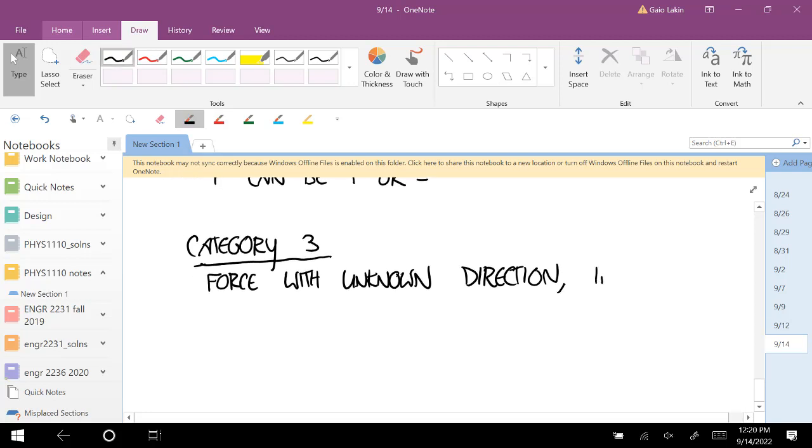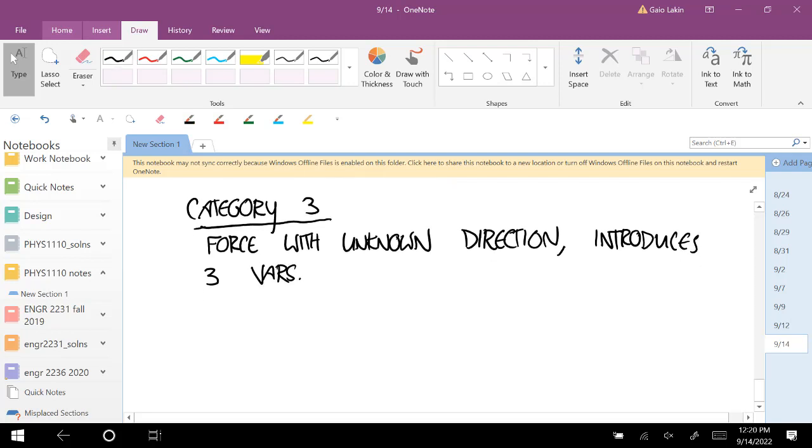And this introduces 3 variables. And this joint is a ball and socket joint.